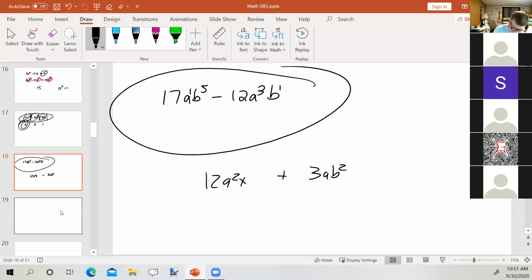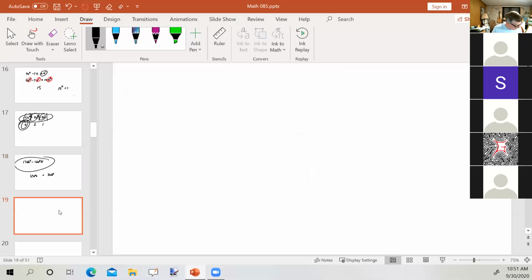Now we're going to look at something called evaluating an expression. Let's say we have the expression x squared minus x plus 7, and we want to evaluate this expression for x equals 6. So what we're going to do is substitute 6 in the place of x, each place it appears in the polynomial.